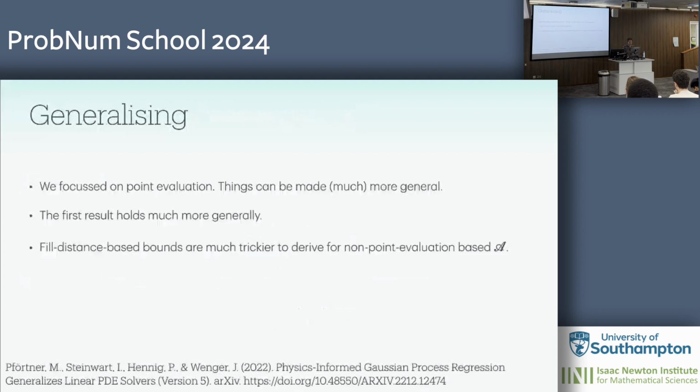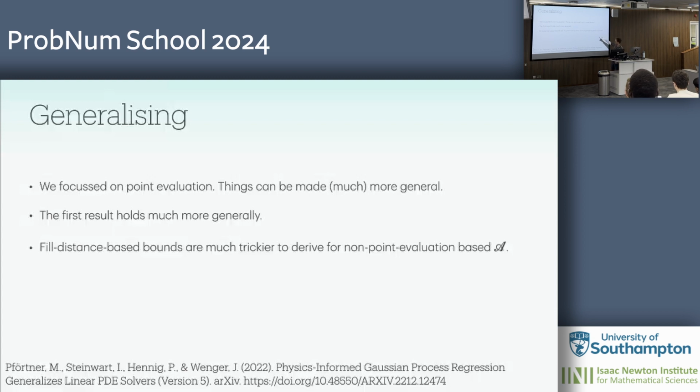Okay, so let's talk about a few generalizations of this. This is actually where I was going to talk about Marvin's paper, so we're citing Marvin again here. We focused on point evaluation, but we can make this much more general. The first theoretical result holds more generally. It is in fact a general property of conditioning Gaussian random variables on operators, and doesn't even have anything to do with PDEs.